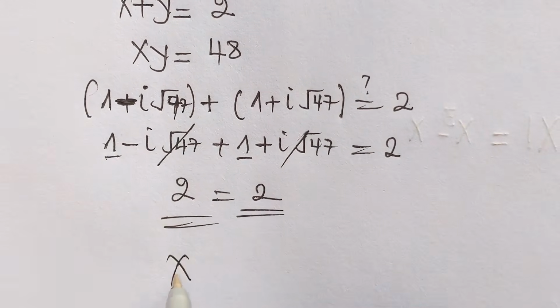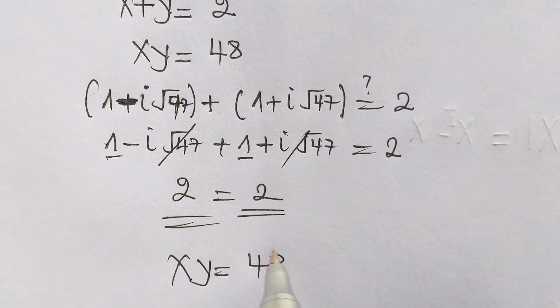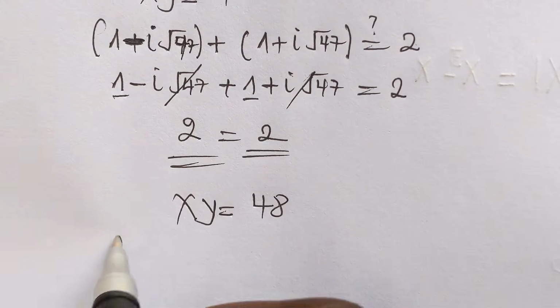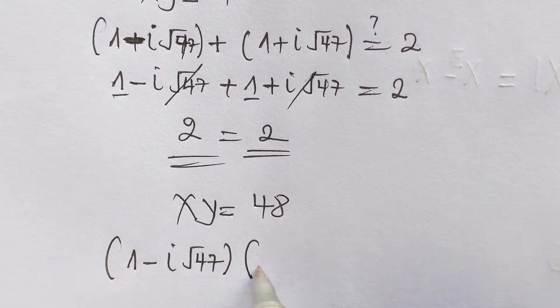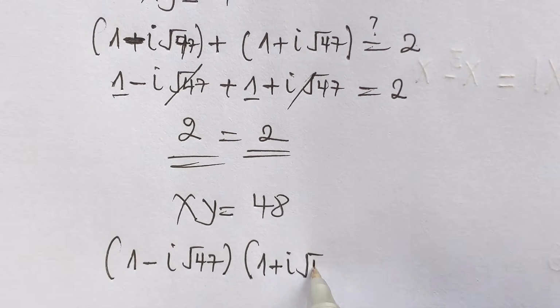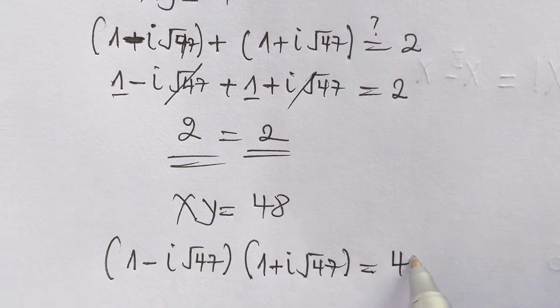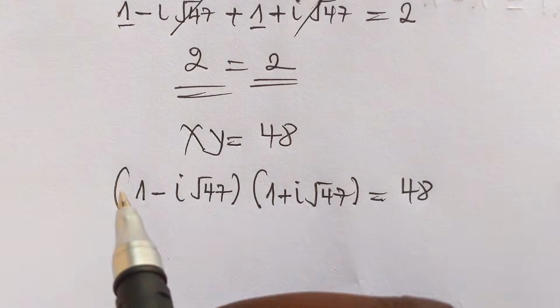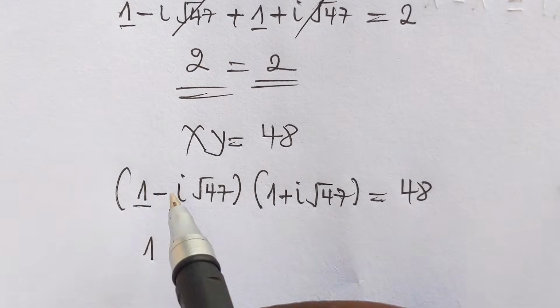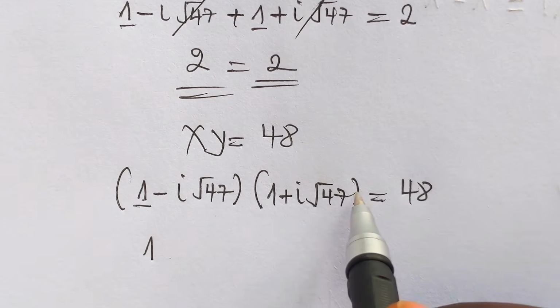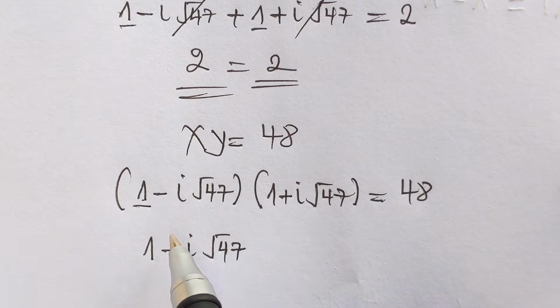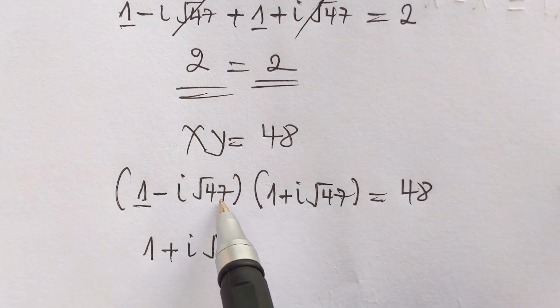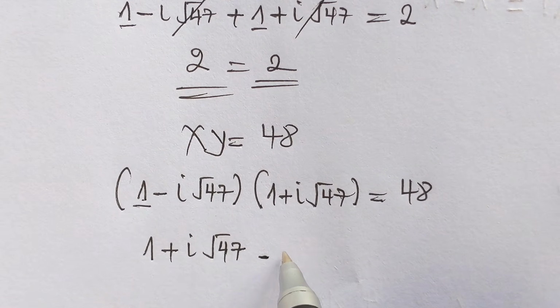We are going to check xy equals 48. And of course we have 1 minus i square root of 47 times 1 plus i square root of 47 is equal to 48. 1 times 1 is equal to 1. 1 times i square root of 47 is equal to plus i square root of 47. Negative i square root of 47 times 1 is equal to negative i square root of 47.